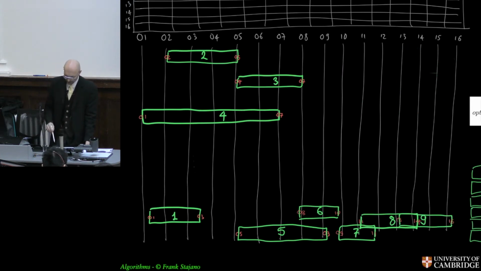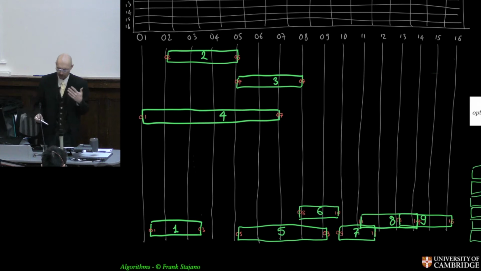If I take the earliest starting activity between those 3, then it would be this one. But if I hadn't chosen that, but this one, I could have then also chosen this one. So picking the earliest starting activity works in some cases, but not all cases. So that's not so good.